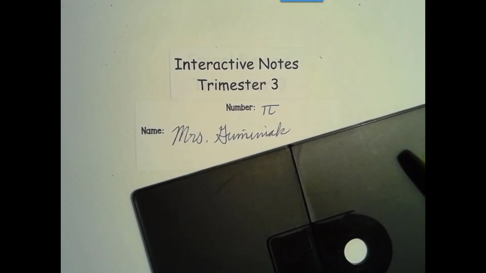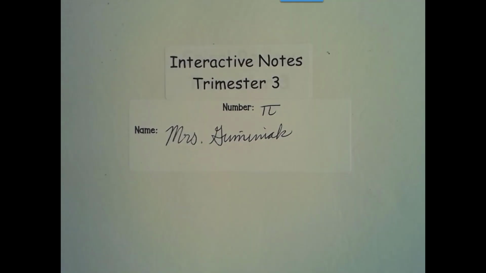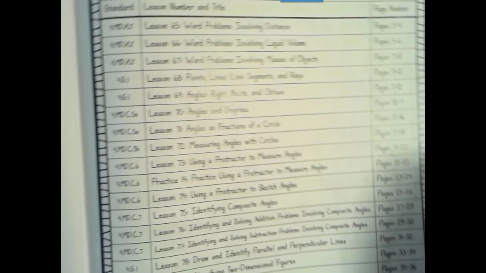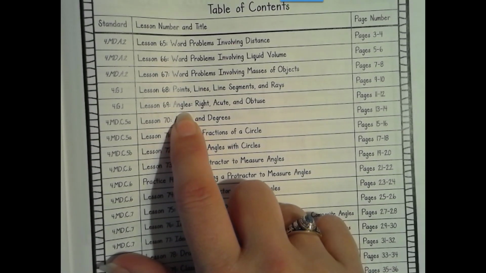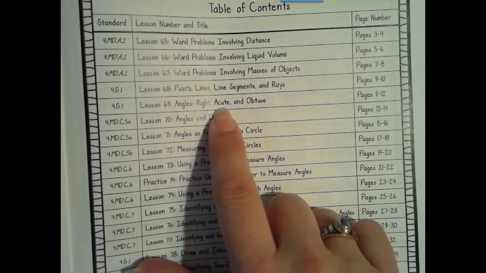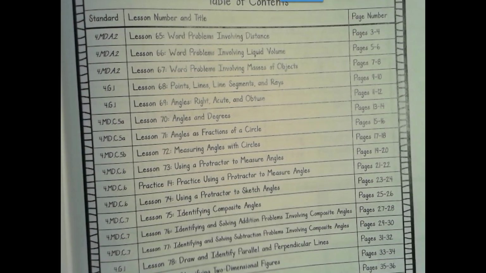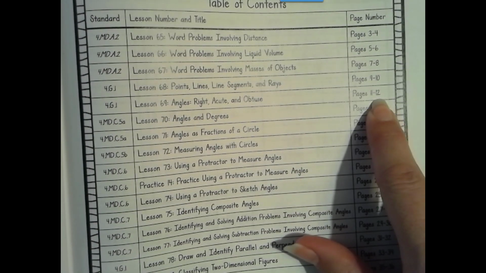Okay, so lesson 69. We're looking at angles. We're looking specifically at right, acute, and obtuse angles. Pages 11 and 12.